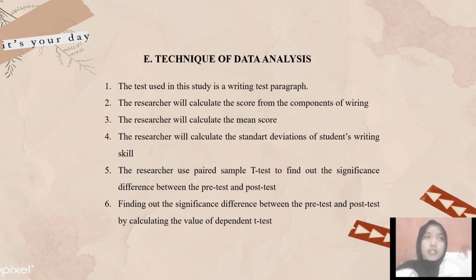In this study, the researcher will analyze the data quantitatively, and in analyzing the data quantitatively to get the writing score, the researcher will use a rating scale which includes the content aspect, including cohesion and coherence; the linguistic aspect, including diction, choice of words, and the use of sentences; and the technical aspect of writing, including spelling and punctuation as well as the neatness of writing.